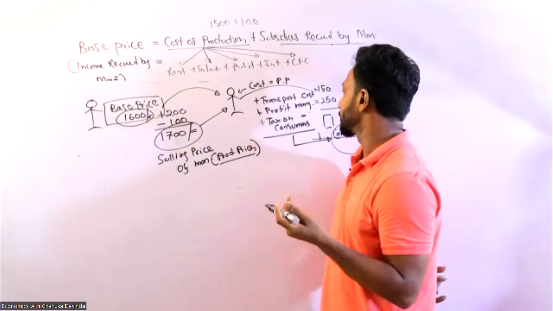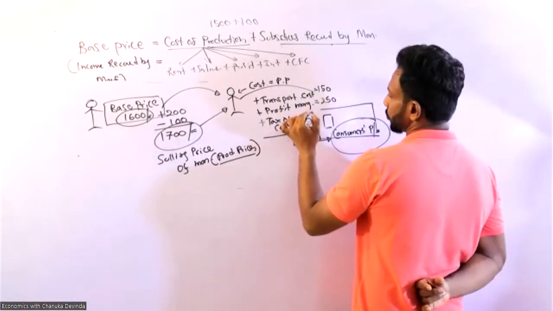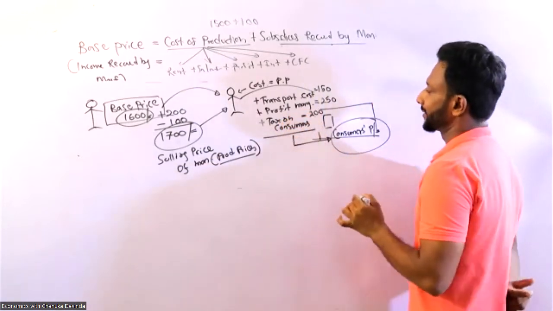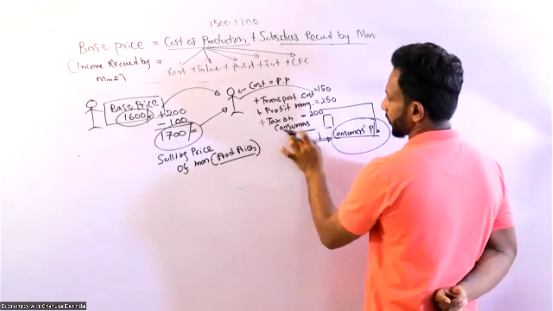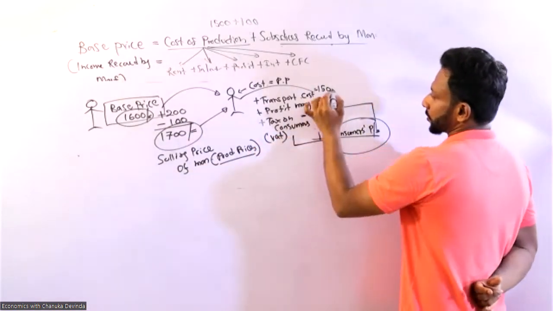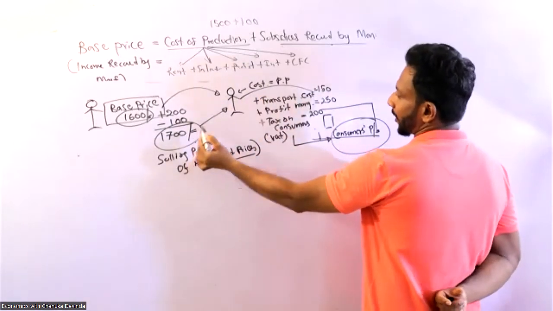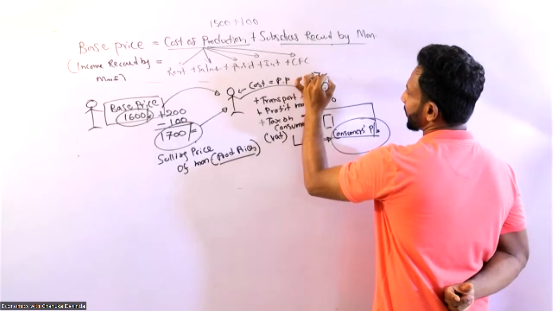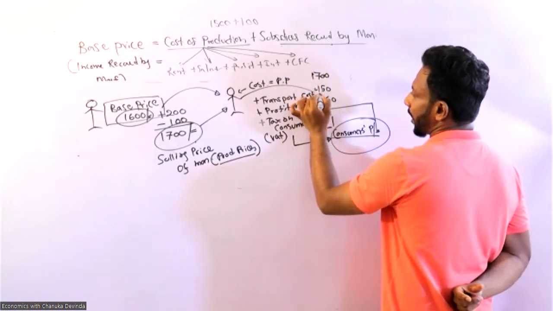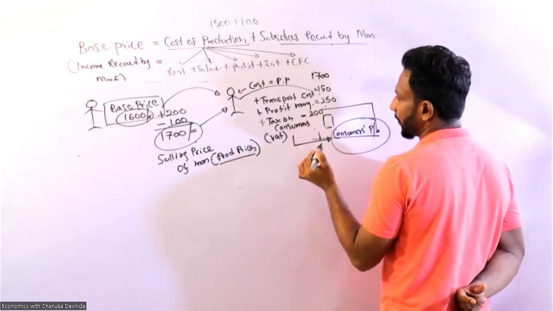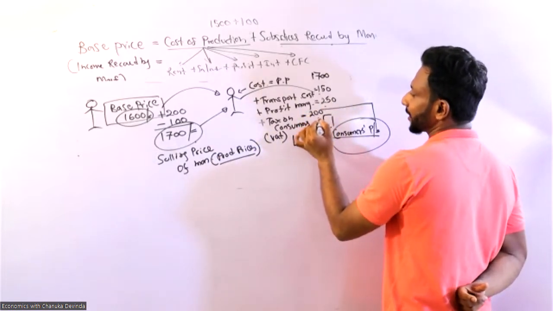Let's say VAT is equal to 200, right? VAT is equal to 200. So the example is VAT. So altogether, his cost is 1,700, and he will add 150 transport cost, 250 profit margin, as well as non-deductible tax.